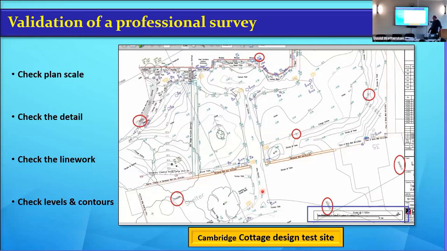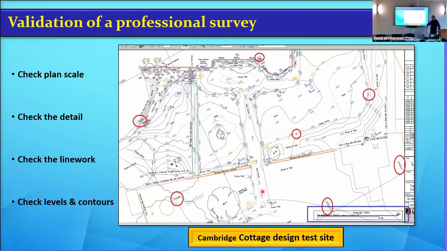But it's also useful for, I've even contoured the hard surfaces. So that's the tarmac in front of Cambridge Cottage, which you don't normally do. A survey company would probably rip them out, or they used to do in the old days, because hard surfaces should be defined by the levels on it, and it's going to be pretty flat between one level to the next level.